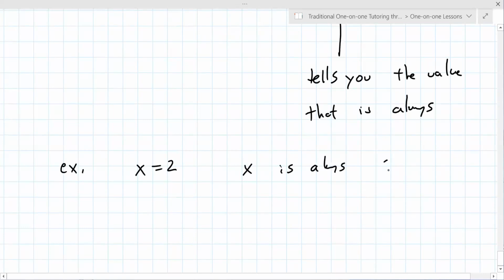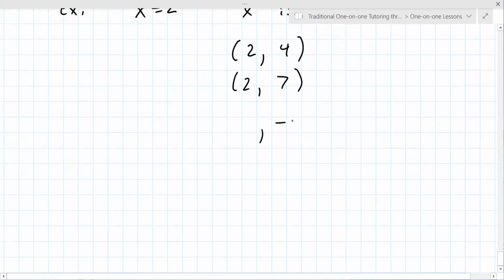Okay. Now let's make an ordered pair. 2, pick a y value. 4. Pick a different y value. 7. Okay. Now I'm going to pick a y value. What is x? 2. Yes. Don't overthink it. Let's say y is 10.